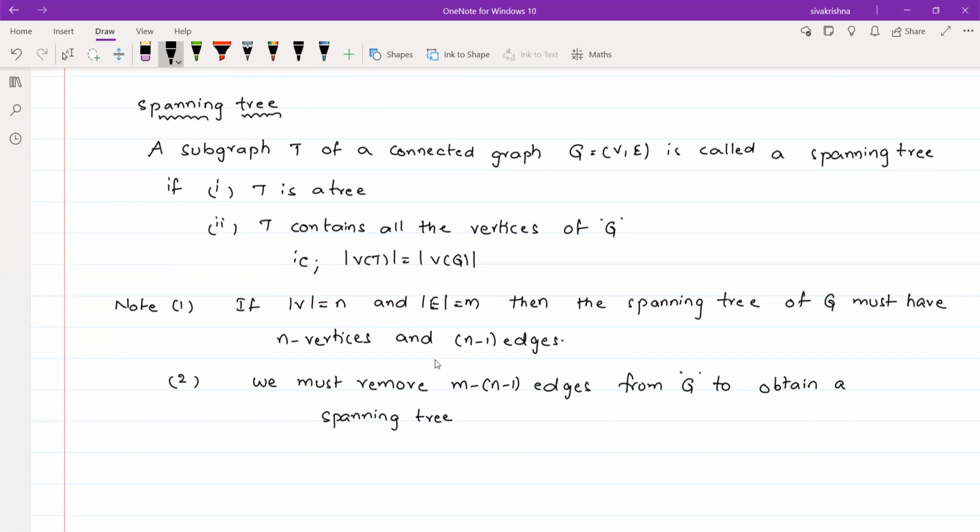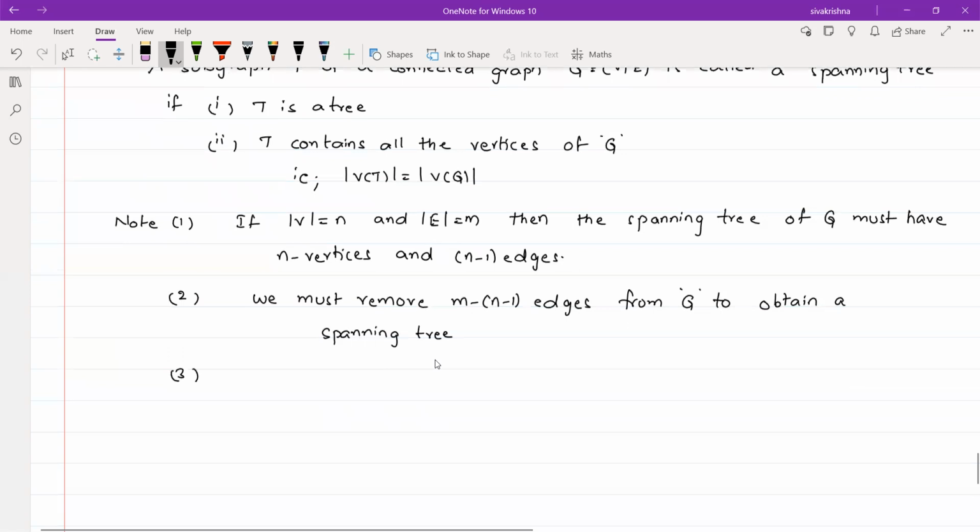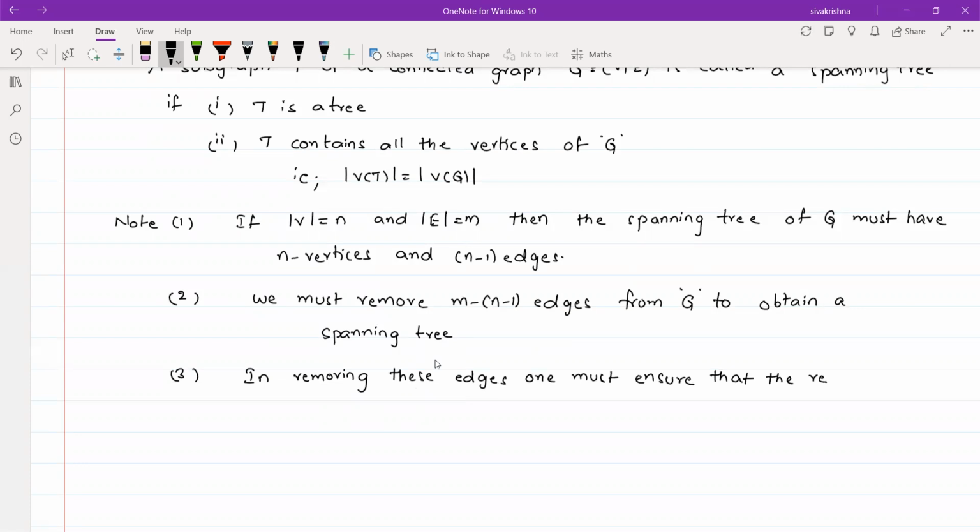Okay, right. Coming to the third point, in removing these edges, one must ensure that the resulting graph remains connected, and further there are no cycles in it.